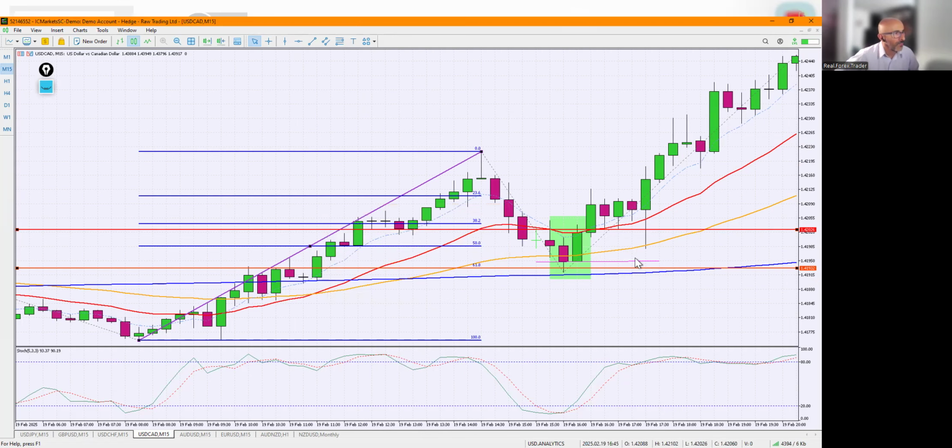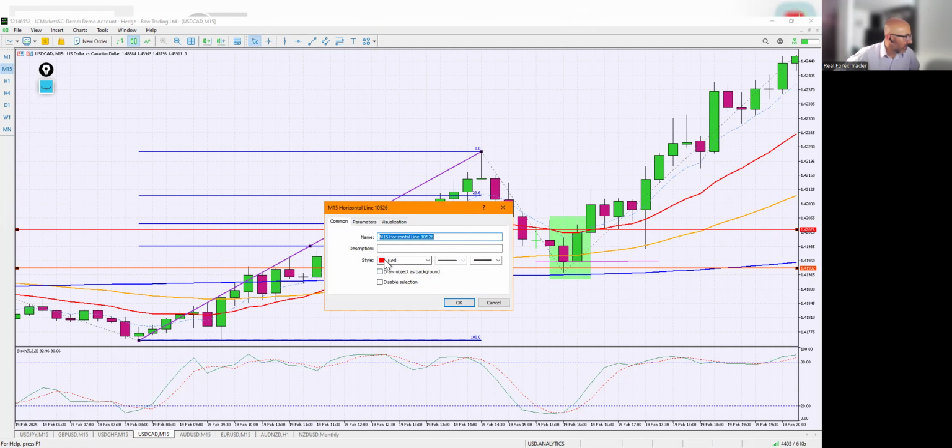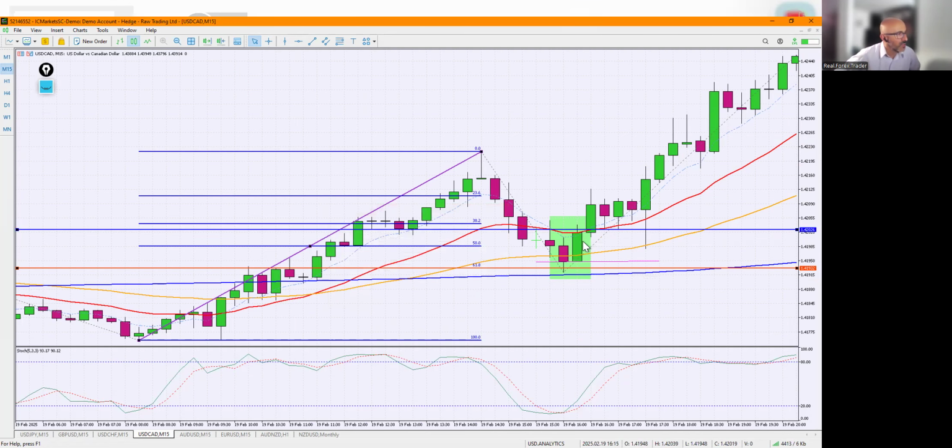Okay, good. And let's set the color, blue color for the entry, right? So this is my entry point. Okay, remember, buy stops or buy limits, depending on the configuration of the market in that moment that allows you to place either limit or buy stop.